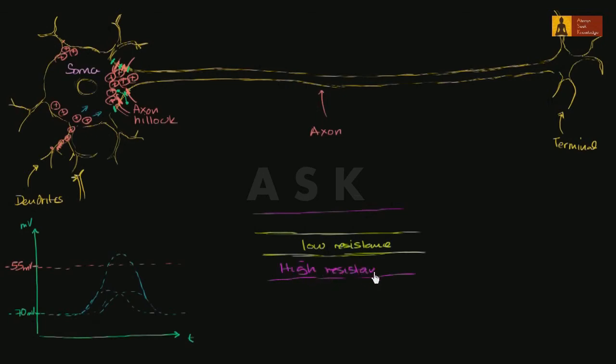And the reason is because you don't want the potential to leak across your membrane. If you didn't have something high resistance around it, then your current would actually go slower.